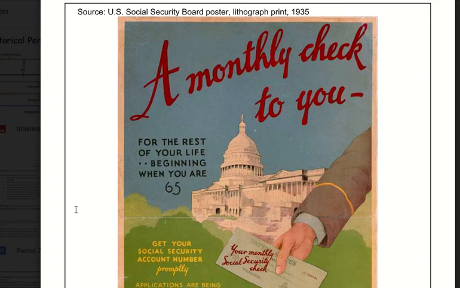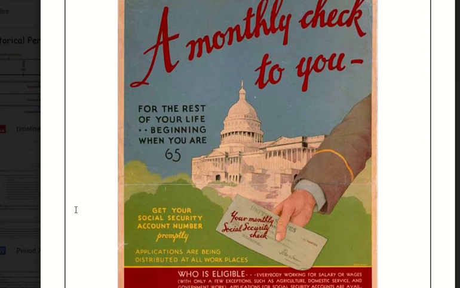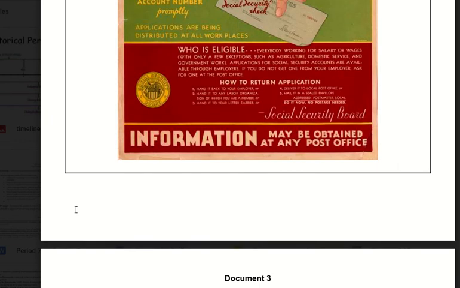And we could also talk about Dr. Townsend, and he had the idea of a check for the elderly. But with that check, you had to spend all of the money at the end of the month. So we didn't use either one of those guys' ideas, but you could definitely see that there is a parallel here with Social Security, okay?